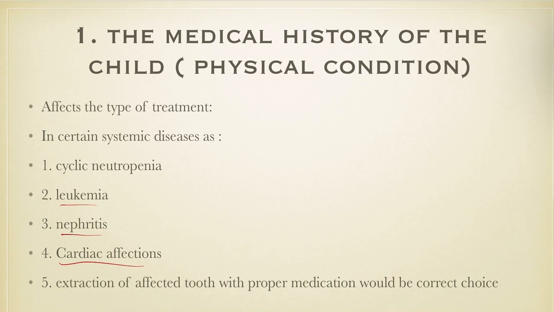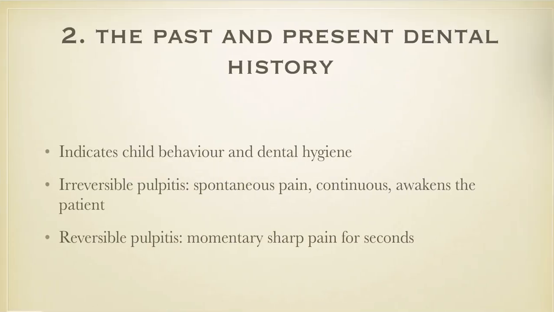In these cases, extraction of the affected tooth with proper medication would be the correct choice. So this is the first thing, medical history. Then we have the past and present dental history, which indicates the child's behavior and dental hygiene.